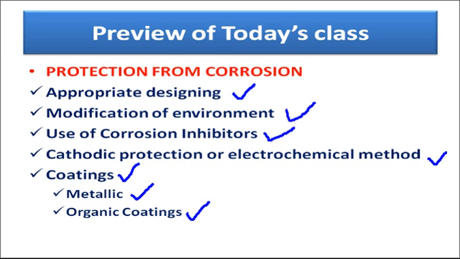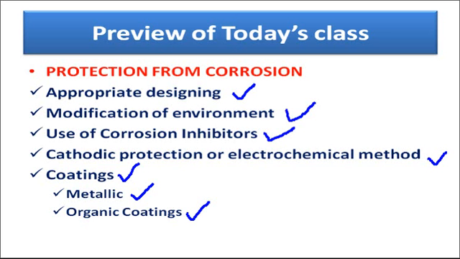It is not possible to avoid corrosion 100%, because we know it is a chemical reaction in which metal converts into its oxide or whatever the corrosion product will be. If the metal shows chemical affinity towards any chemical reagent like oxygen, chlorine, H2S, then the metal must undergo this type of reaction. Therefore, the corrosion reaction must take place.